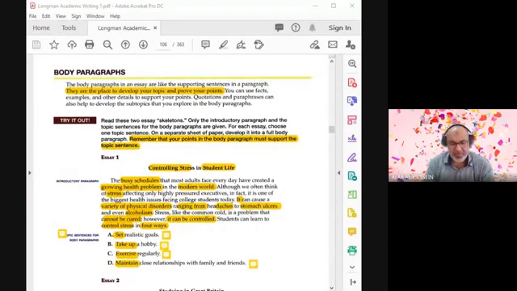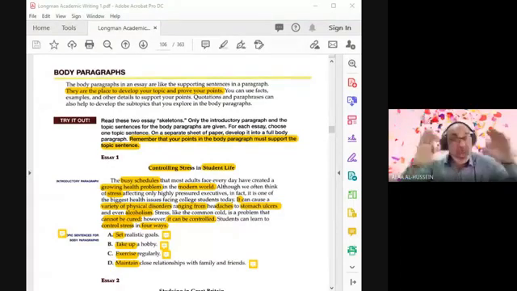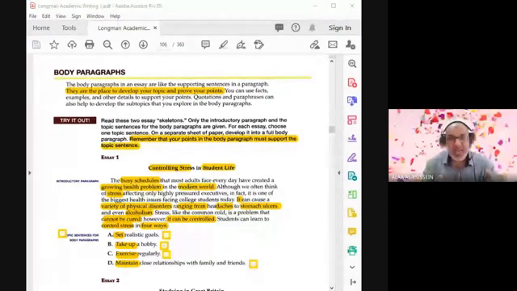Sometimes they name how many paragraphs you should write. If they name how many paragraphs you should write, you are not free to choose whatever you like. You have to answer the question.